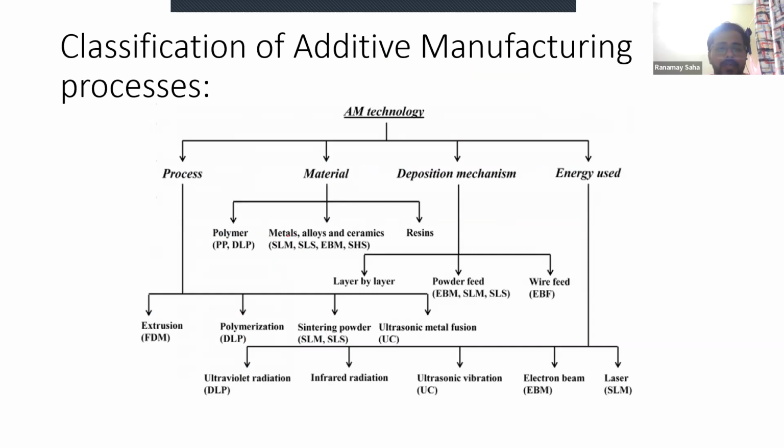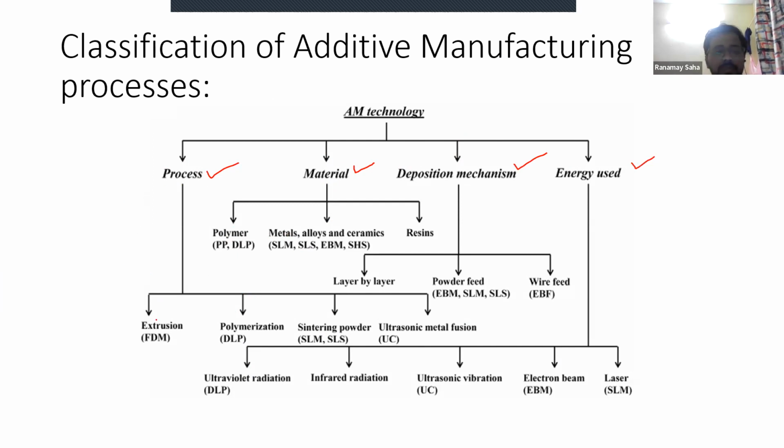So here we have a detailed classification of the additive manufacturing technology. This can be classified based on your processes, the material used, the deposition mechanism, and the energy used, right?